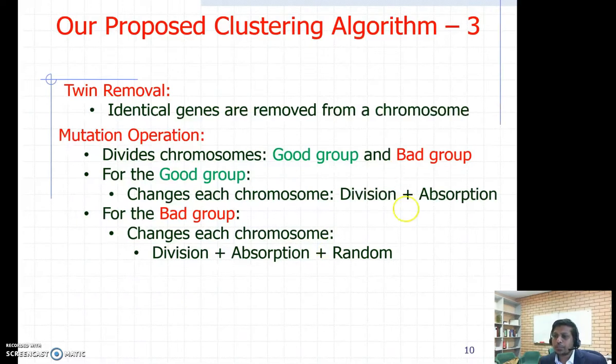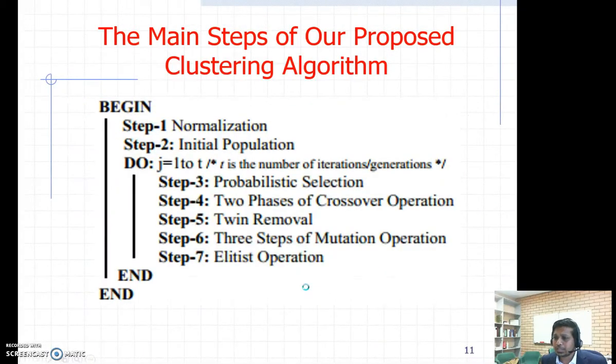That's what we do. And for the good group, we don't use a random sort of mutation because the group is already very good, so we don't want to disturb it. So please feel free to read the details in the paper.